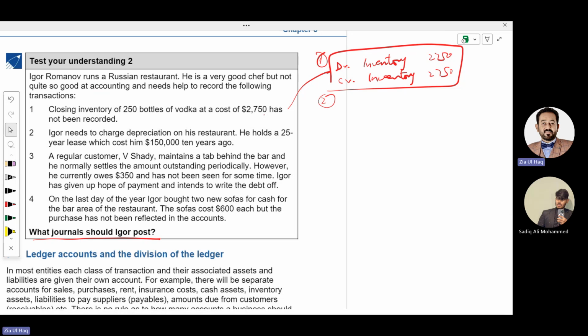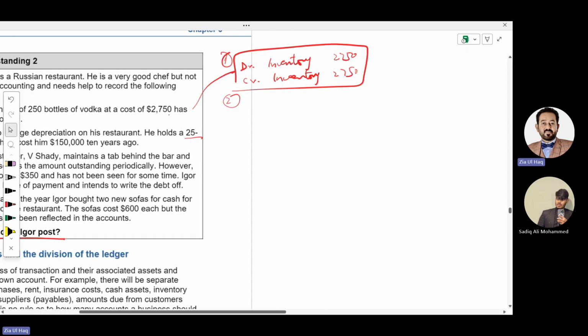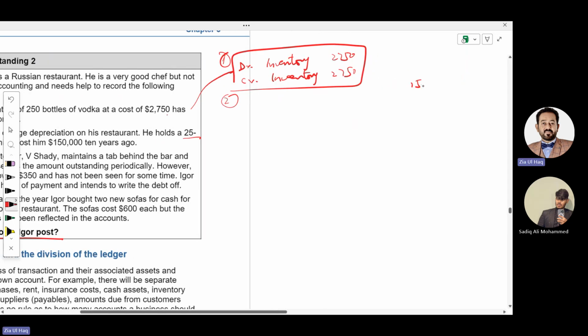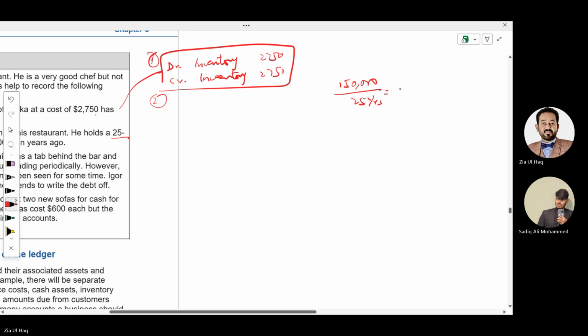What is the life of the asset? He holds a 25-year lease, meaning he will use this asset, this restaurant, for 25 years. So how can we calculate depreciation? 150,000 cost divided by life of 25 years. So what is the per year depreciation? It's 6,000.